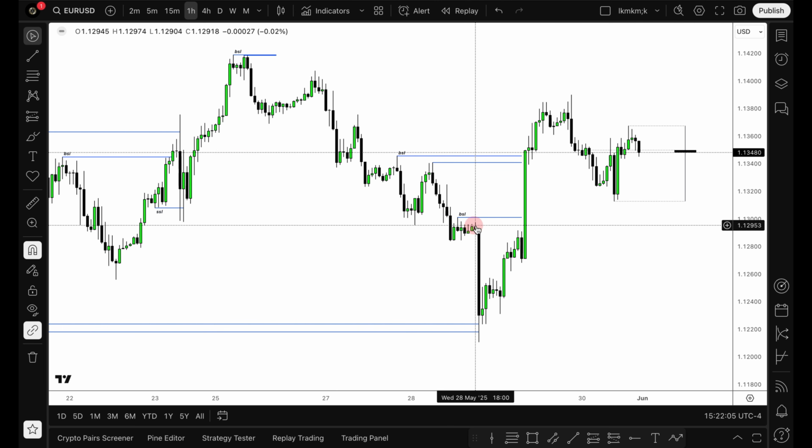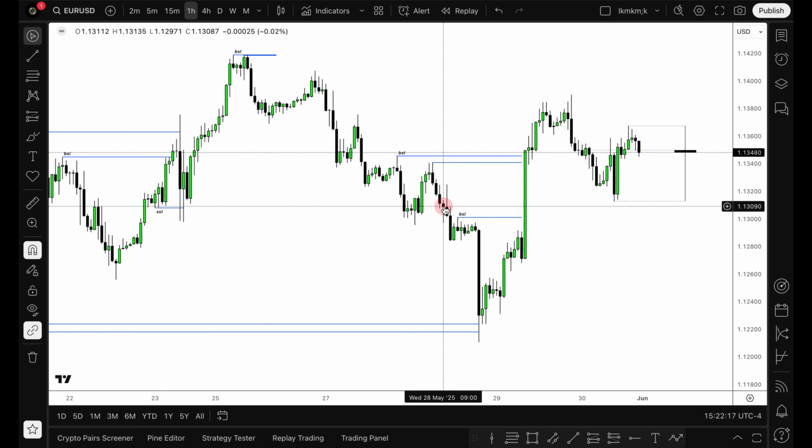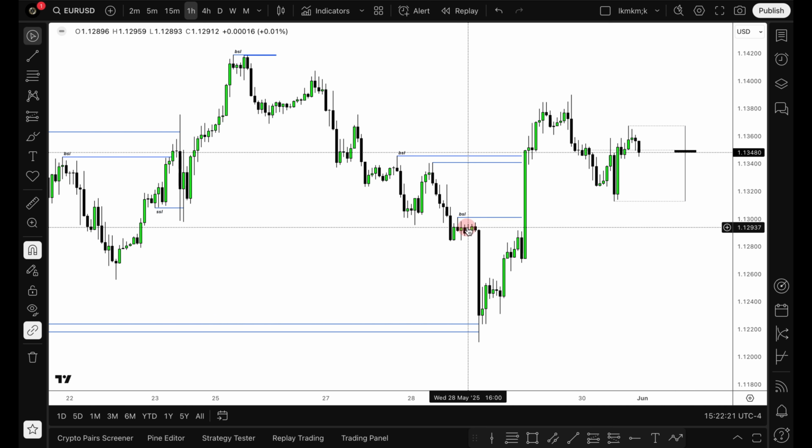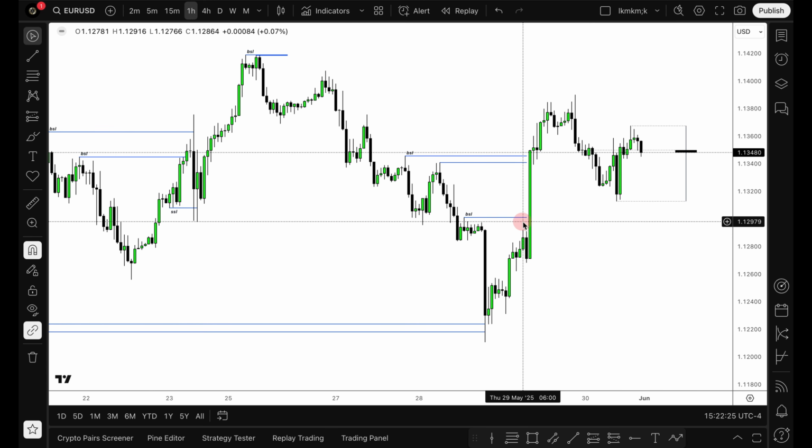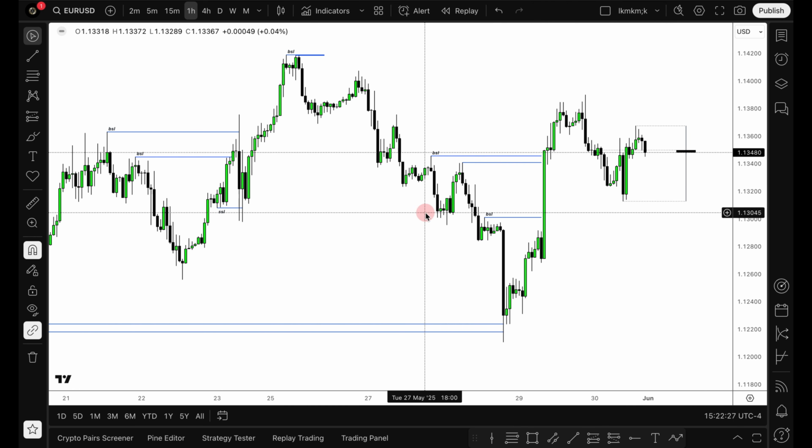So something looking like this, it's not exactly two highs to make an equal high, but it's a cluster. So the wicks, they're very close together. So it doesn't look like this wick and then a long wick. The wicks are relatively close together. So price could look to deviate towards that as well.